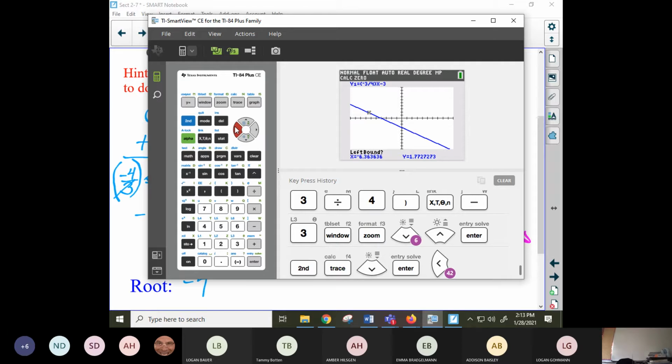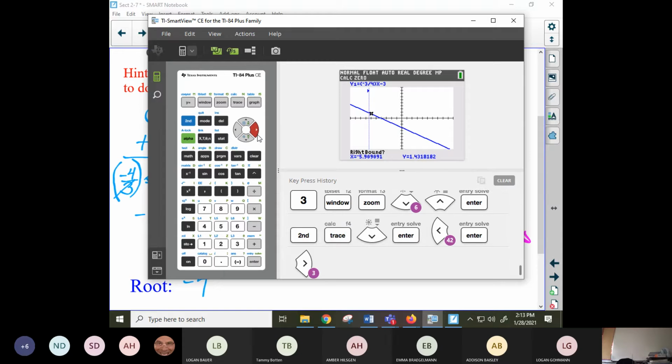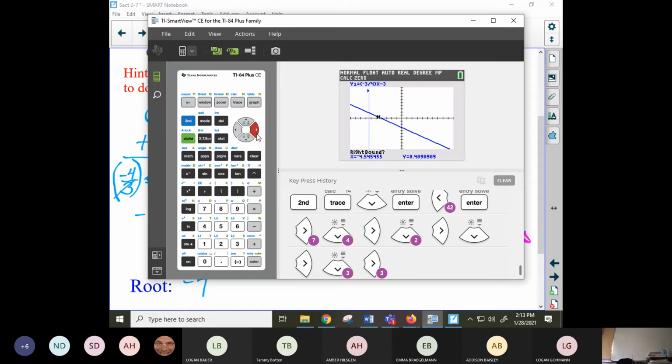Now, it's asking you for a left bound point. That's just asking you, where's a point to the left of your x-intercept? We got it there, so we hit enter, and a vertical line should appear.